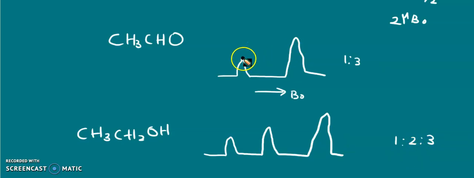In this figure, this corresponds to the CHO proton and this corresponds to the CH3 proton. The intensity is proportional to the number of protons present in that group, and this corresponds to the OH group, this to the CH2 group, and this to the CH3 group.